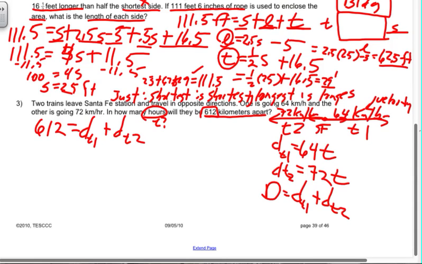And then I plug back in. So distance for train 1 is 64t plus distance for train 2 is 72t.